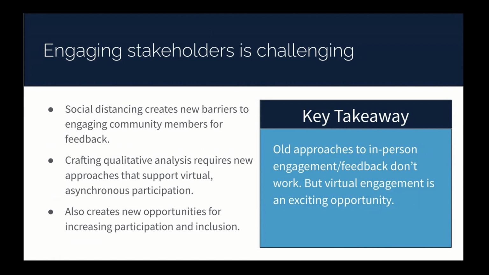Doing in-person gatherings and big collaborative meetings is a lot more difficult. And so thinking about alternative ways to present or gather feedback around the needs assessment or priorities within a community is a challenge, but also a really big opportunity.